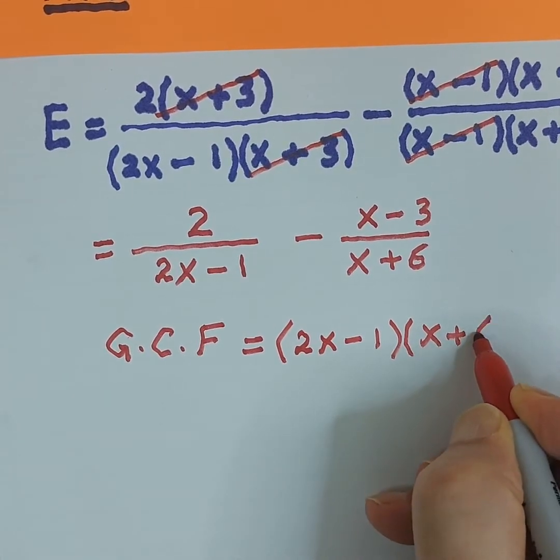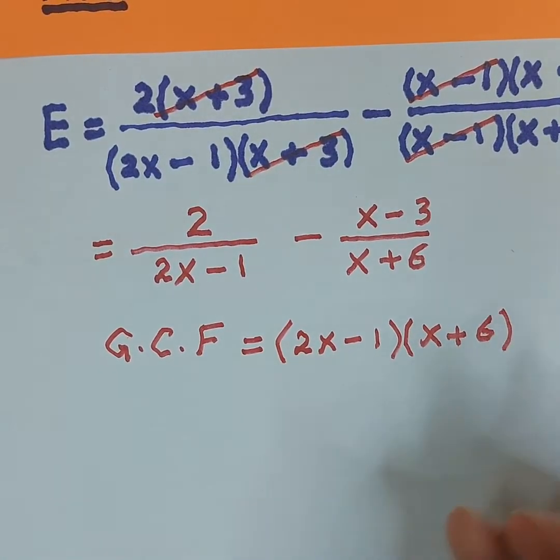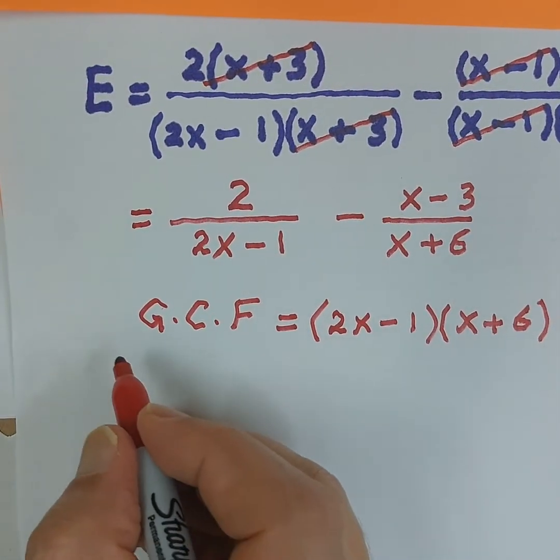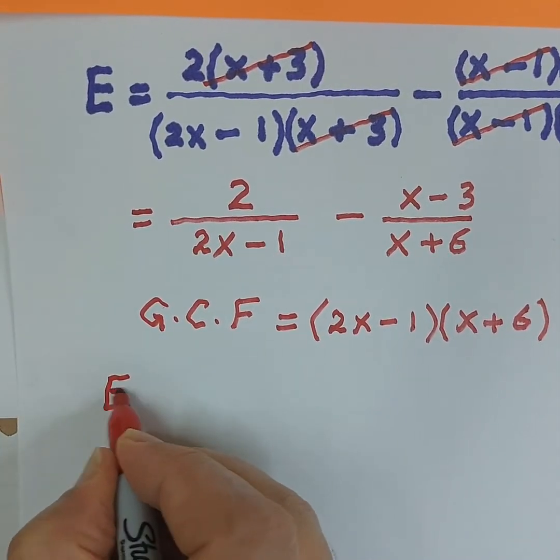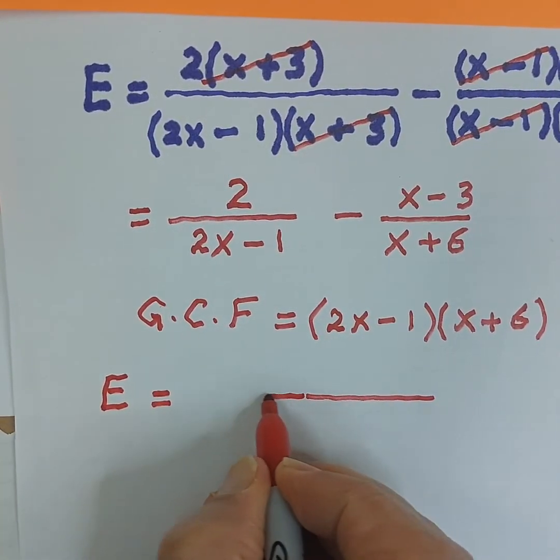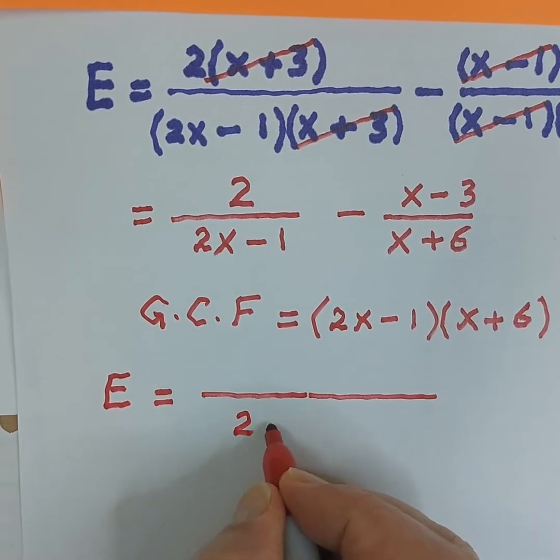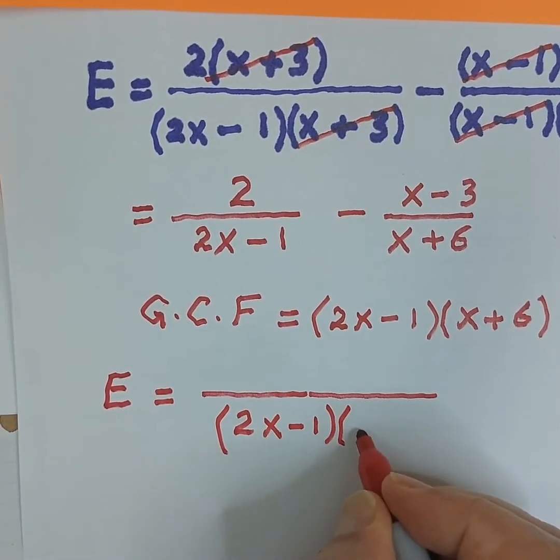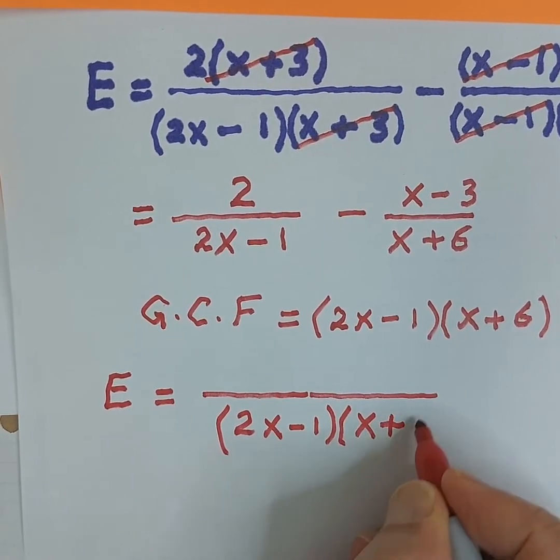So this will be the new denominator for the result. So the result is E is equal to, here, 2x minus 1 times x plus 6.